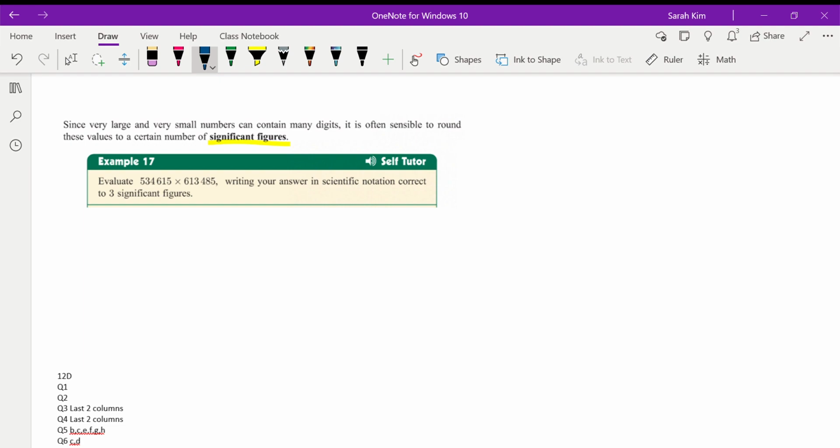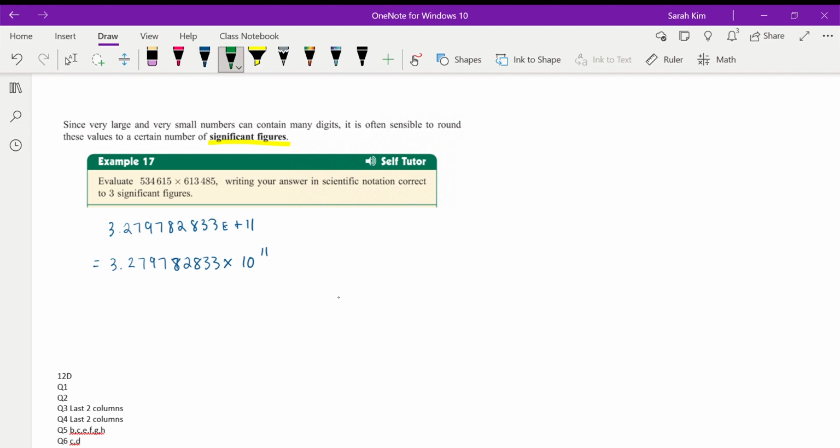534,615 times 613,485. Let me just double check the numbers. 534,615 times 613,485. This is what I get if I write all of it. Sometimes it's a bit annoying to write all of it. This is what my calculator says, which is the same as 10 to the power of 11.